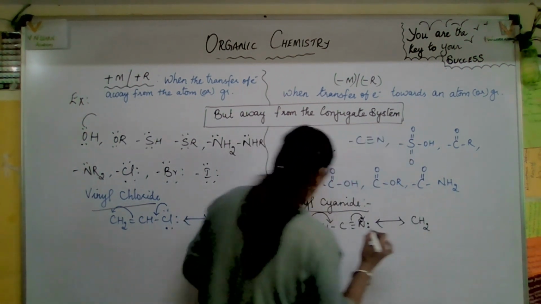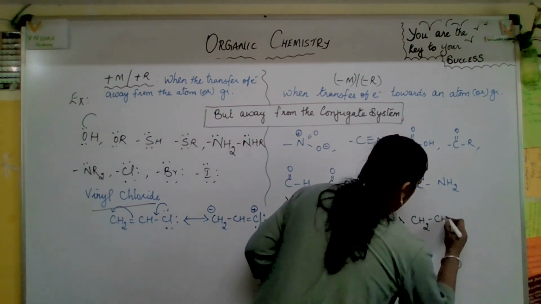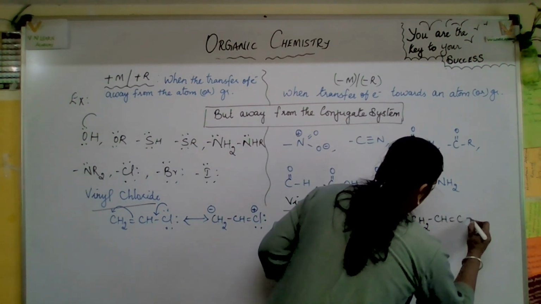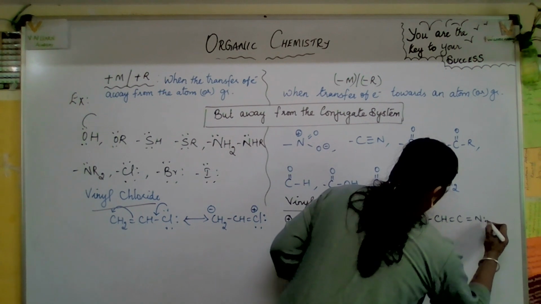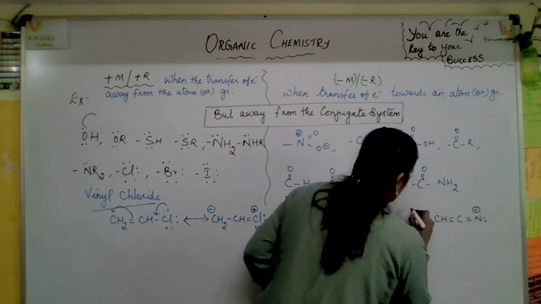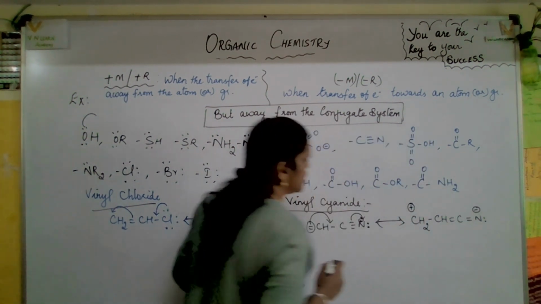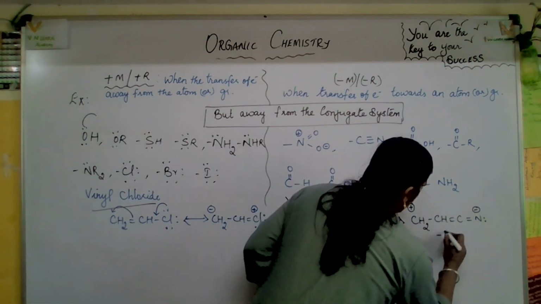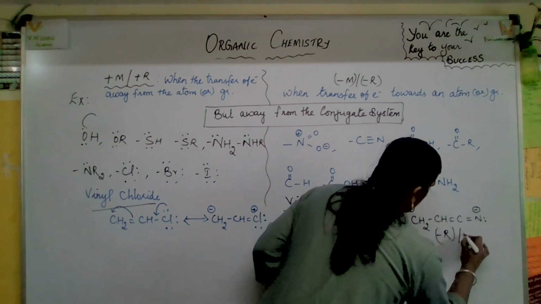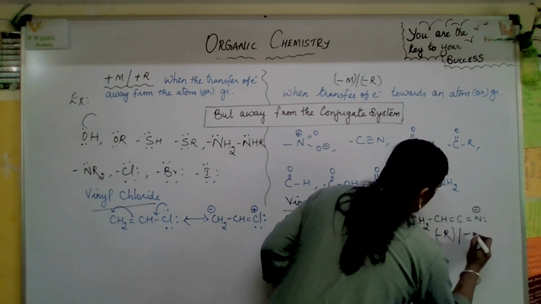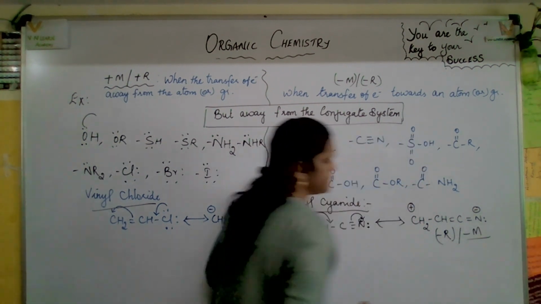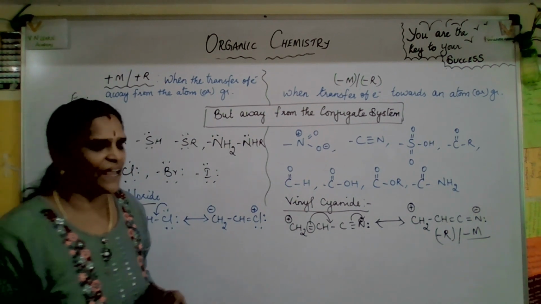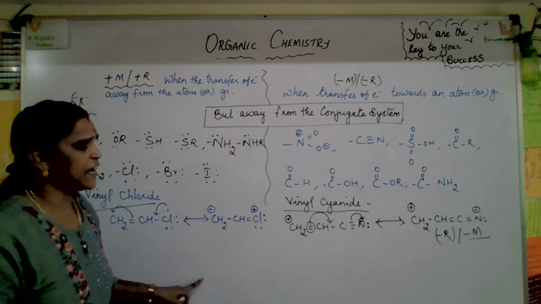CH2 single bond CH double bond C double bond N, lone pair of electrons, here negative charge, here positive charge. Hope you got a clear idea. Now what is this called? Minus R or minus M. The mesomeric effect. Hope you got a clear idea.